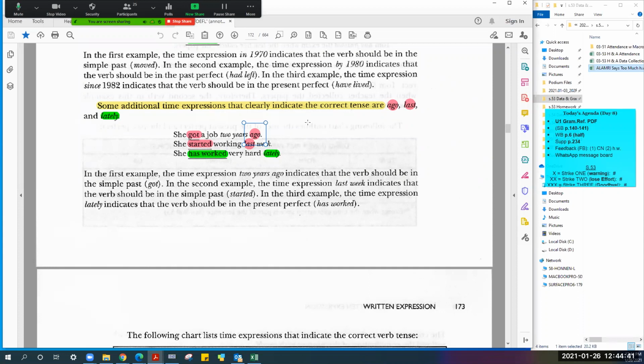We always use ago. And ago, this one is 100% past. Past simple. She got a job.